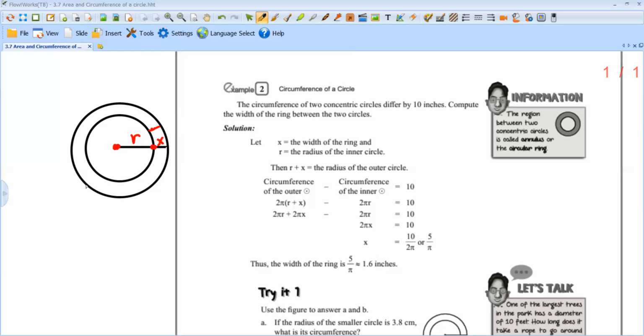Then the radius of the outer circle is r plus x. So r plus x is the radius of, let us say, the big circle. And the radius of the smaller circle is r.